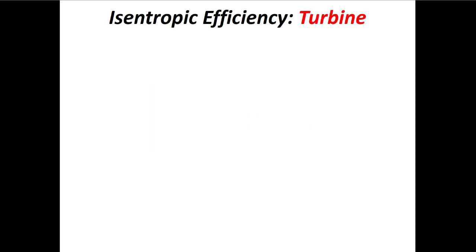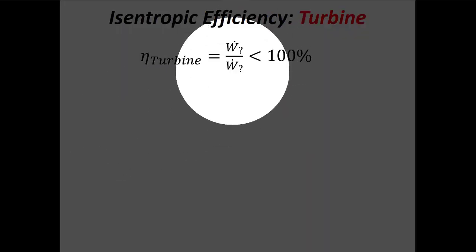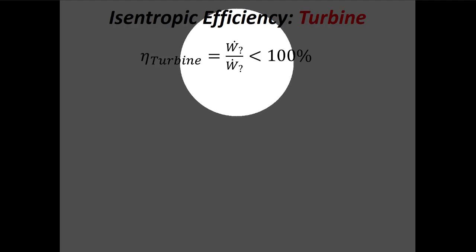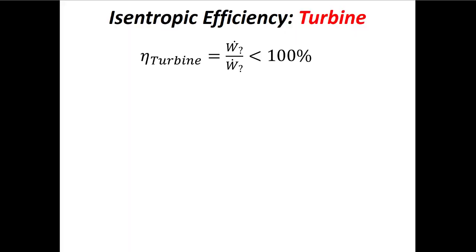So now I want to define isentropic efficiency of my turbine. Isentropic efficiencies are always going to be the power divided by the power. And one of these terms is going to be the ideal term, and one of them is going to be the real term. And I have to put the bigger number on the bottom. So as we just discussed, the power generated by the ideal turbine is bigger.